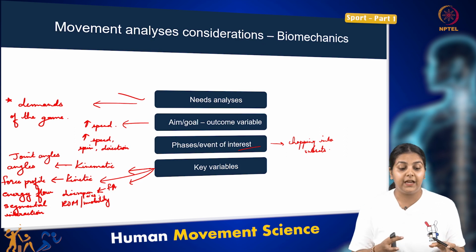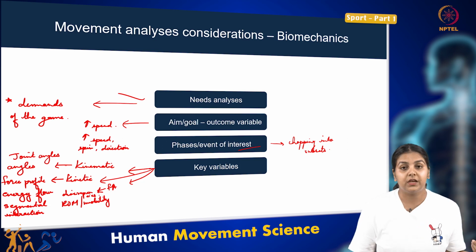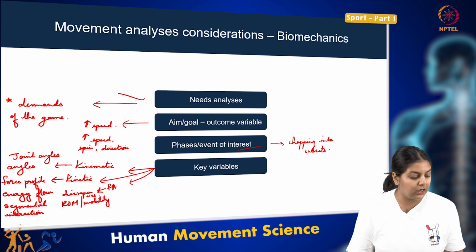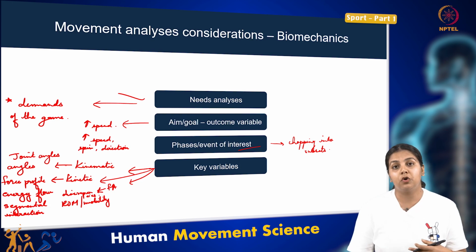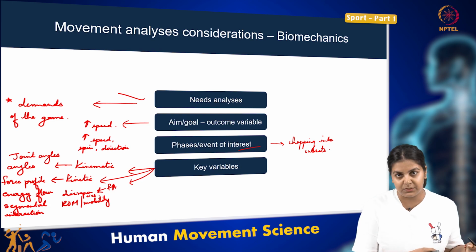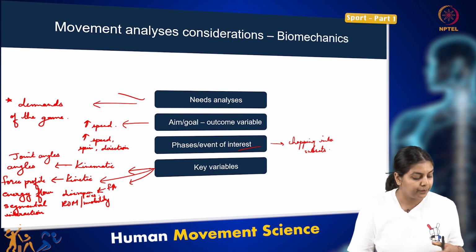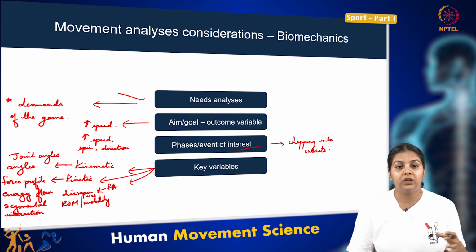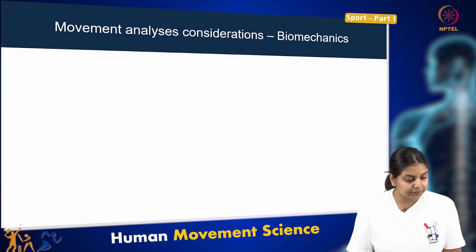So you need to define, based on your goal or what your outcome variable is, what the key variables are, right? Now this information comes from reading previous research, what's been established in the literature, or if there is any ground for why you would look at that specific variable as well, right? So it's quite important that your key variables answer your outcome or your goal.